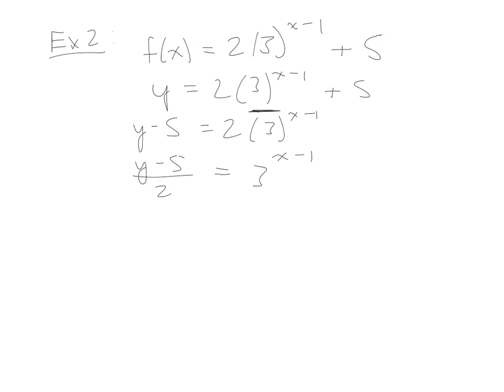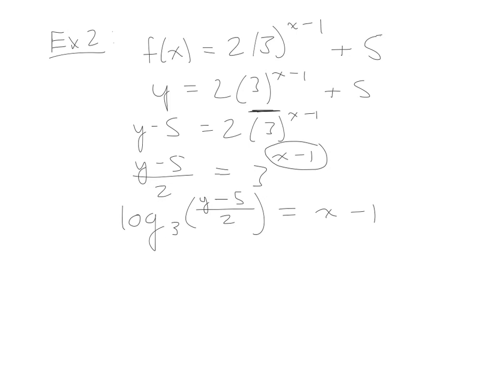And then how do I solve for a variable in an exponent expression? Use a logarithm, right? So rewrite this in logarithmic form because it's now in exponential form. So log base 3, the same base as we have, of this whole left-hand side, the output of the exponential, is what I'm putting into the logarithmic expression, equals my exponent, x minus 1.